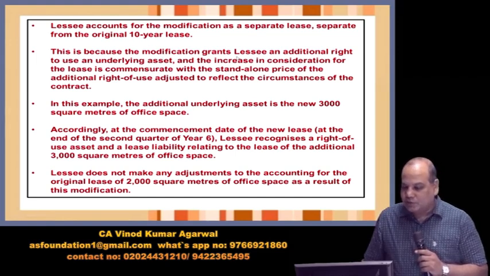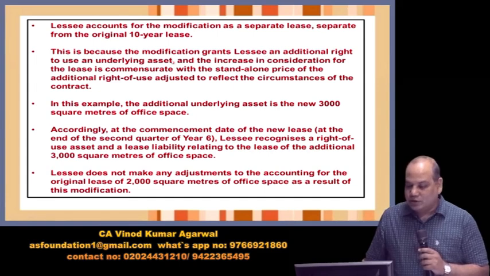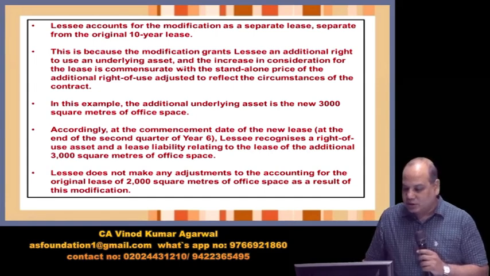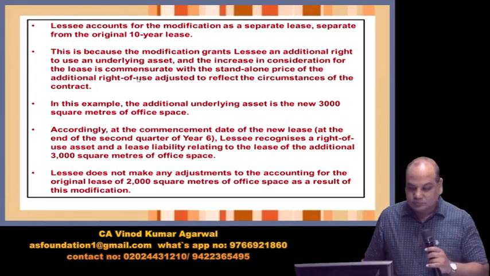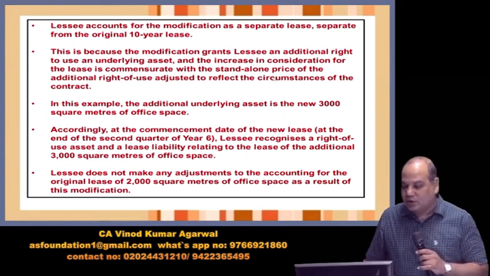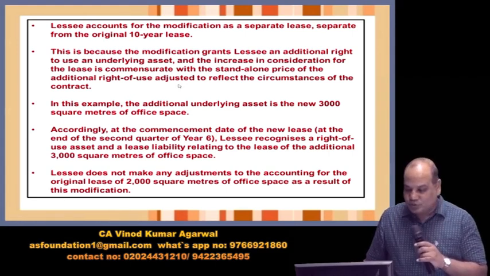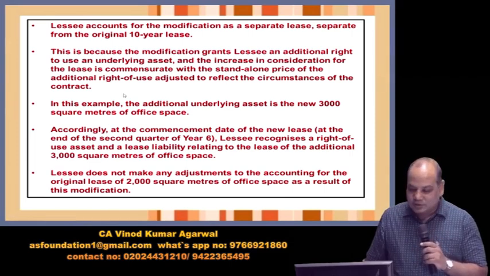This is because modification grants lessee an additional right to use an underlying asset, and the increase in consideration for the lease is commensurate with the stand-alone price of the additional right of use, adjusted to reflect the circumstances of the contract.